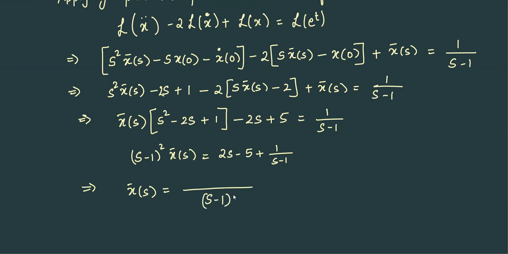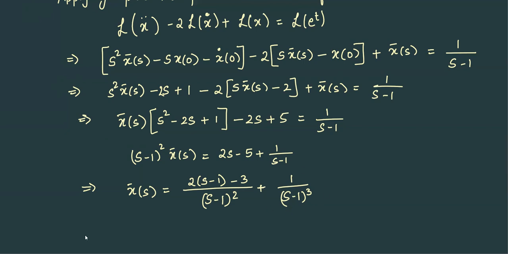So instead of writing into a single fraction and doing partial fractions, we'll directly simplify here like this. In the numerator, the first term 2s minus 5, I will write as 2 into s minus 1 minus 3. So this is 2s minus 5 divided by s minus 1 whole square plus 1 by s minus 1 divided by s minus 1 whole square.